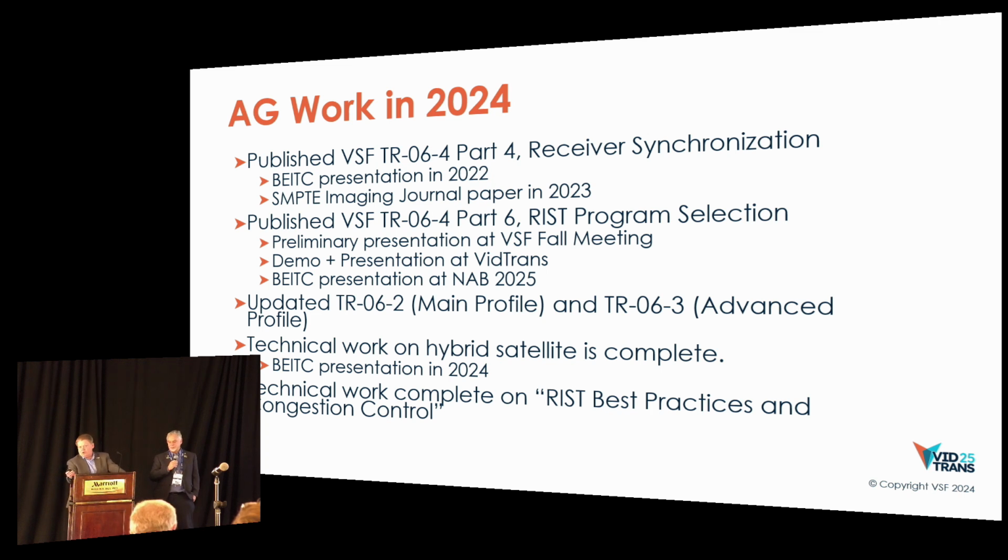It just keeps working. Yet at the same time, if you were to have an internet outage and you're delivering in hybrid mode, you still have the satellite. Yes, and that dovetails with the work that I just presented, which is the program selection. So if you have a feed and you don't need everything, you can further optimize the bandwidth by doing the program selection.